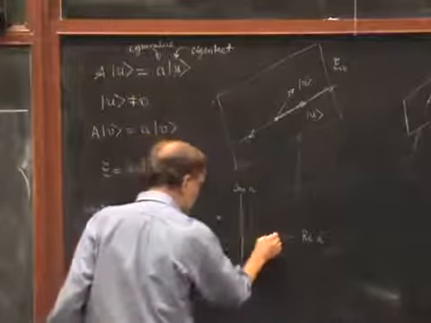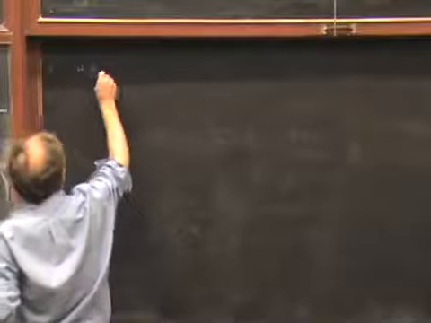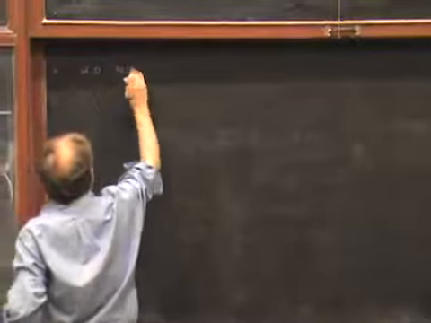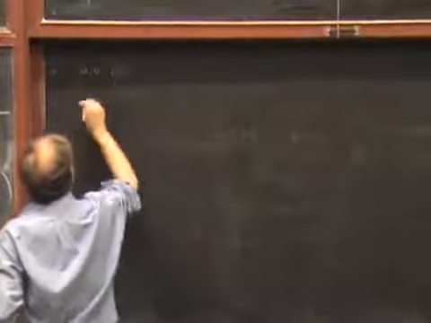Let me give you some examples of spectra of operators coming from quantum mechanics. Let's first of all talk about the harmonic oscillator Hamiltonian. So H acting on u_n gives us E_n u_n.